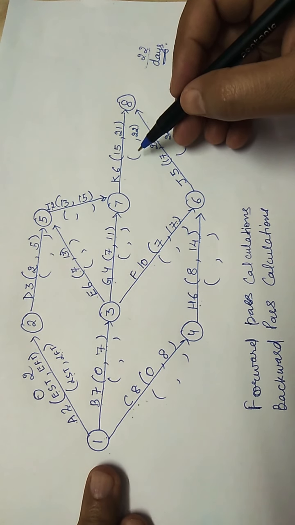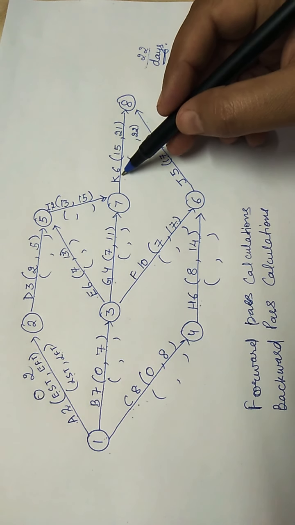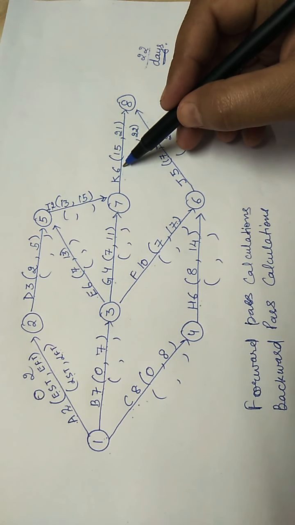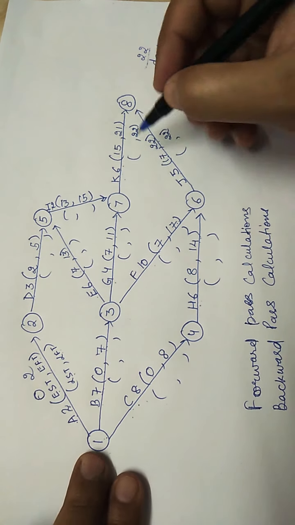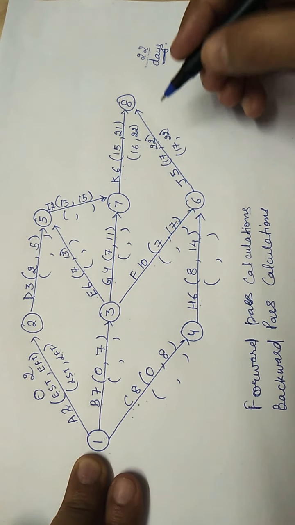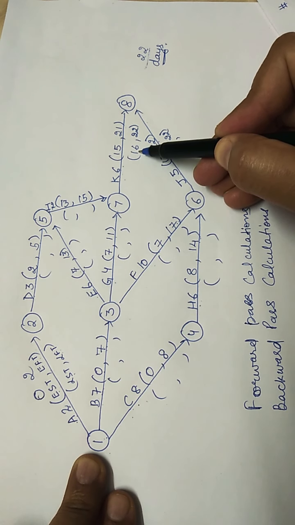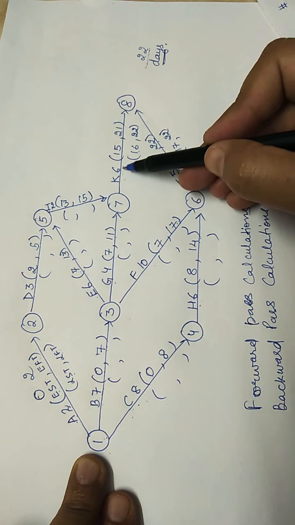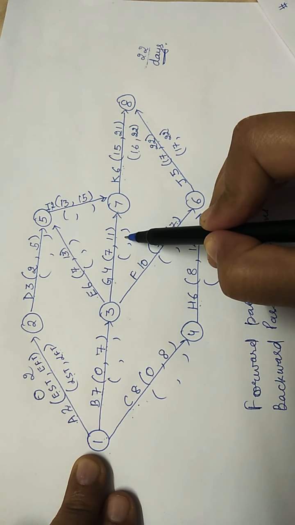So what will be the latest starting time? We will subtract the duration required to complete the activity. So 22 minus 6, the value is 16, and here the value is 17. For this, the latest starting time of the following activity becomes the latest finish time of the preceding activity.